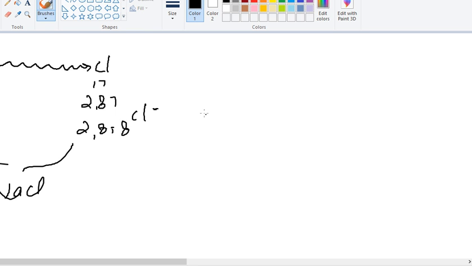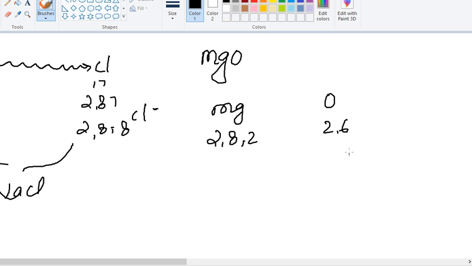In many other cases, you can also see, in the case of magnesium oxide, Mg has configuration 2, 8, 2 and oxygen has configuration 2, 6. So magnesium needs to lose 2 electrons to complete the octet, or oxygen needs to gain 2 electrons. Obviously, losing 2 electrons is relatively easy.